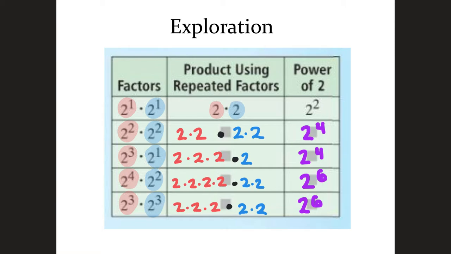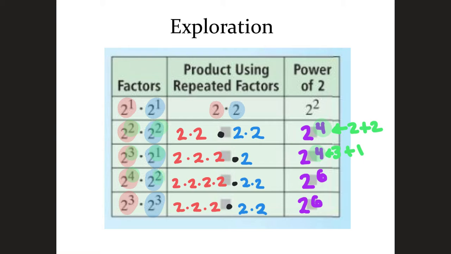a relationship. What we can see is that if I add these exponents, 2 plus 2 gives me 4. So we know this is really the result of 2 plus 2. For the next one, I can add the exponents, the 3 and the 1, to give me 4, because we know that 3 plus 1 gives you 4.